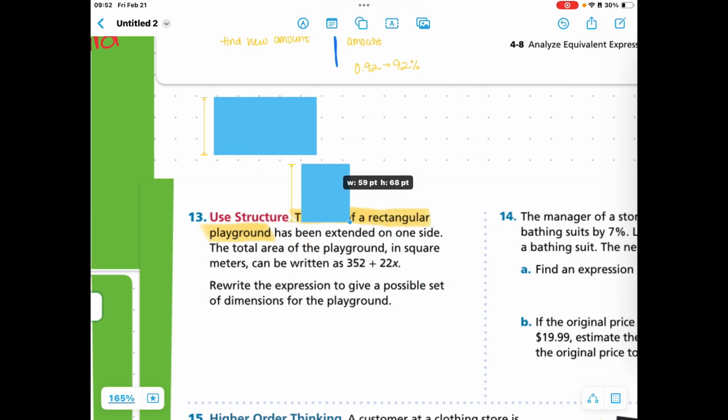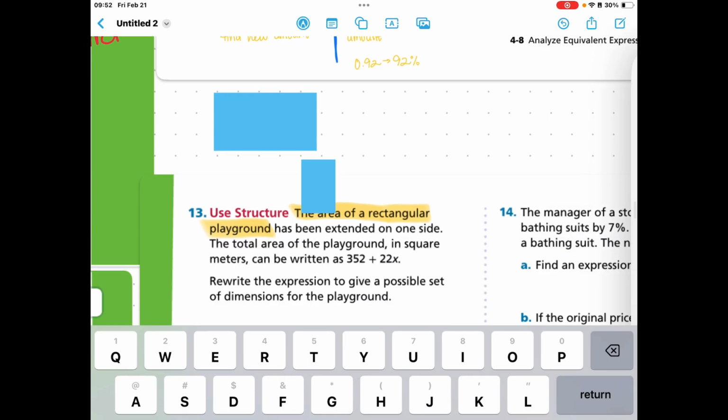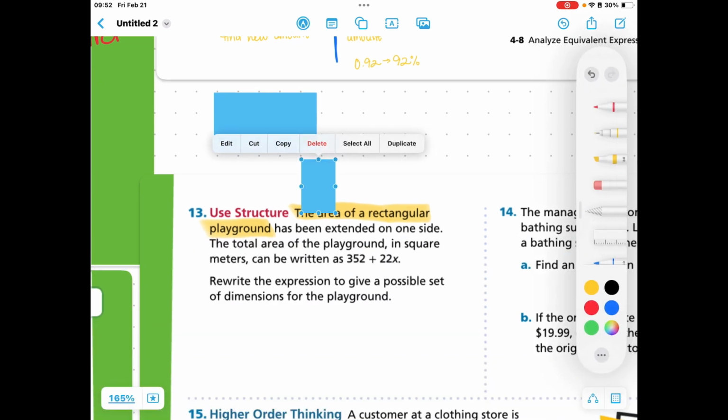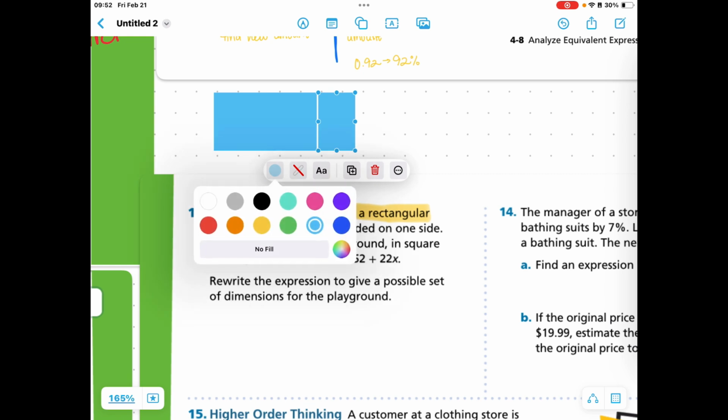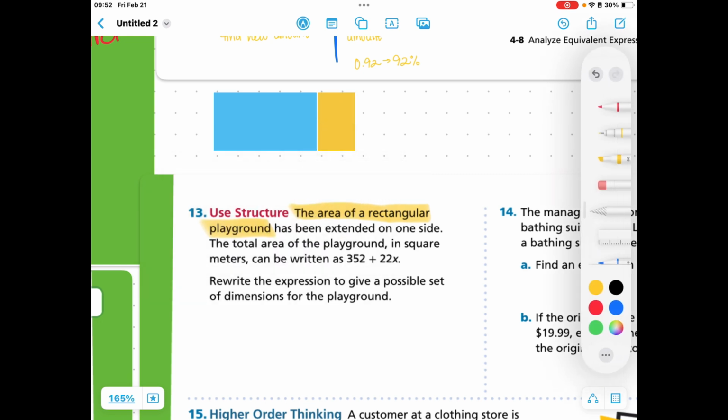Now, that's a big extension. We're not going to extend it that much. We're going to extend it by around this much. We want it the exact same. There we go. And we're going to turn to a different color. We're going to say it's yellow. So blue is the old, and the yellow is the new.